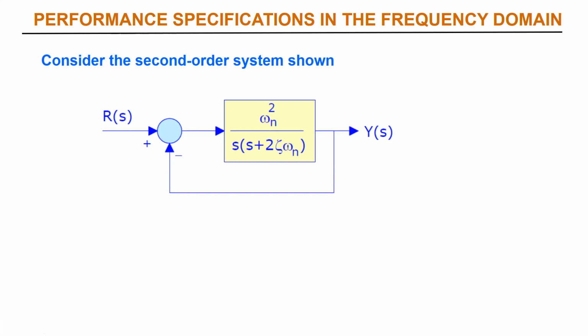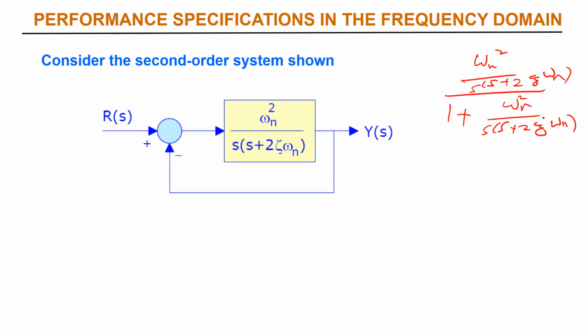Omega n squared over s squared plus 2 zeta omega n s. Then with unity feedback: omega n squared over s squared plus 2 zeta omega n s plus omega n squared. Thank you. Okay, this is Y of s to R of s.